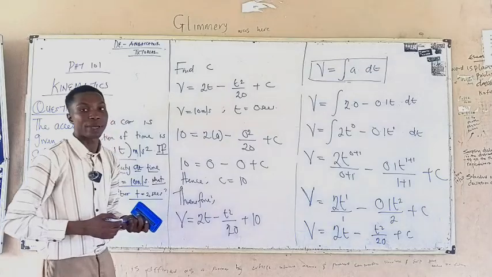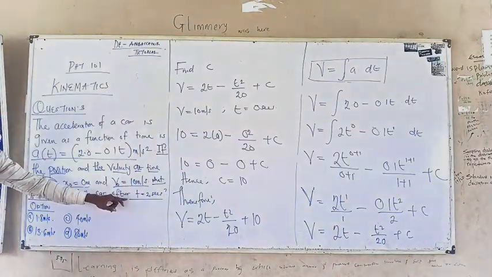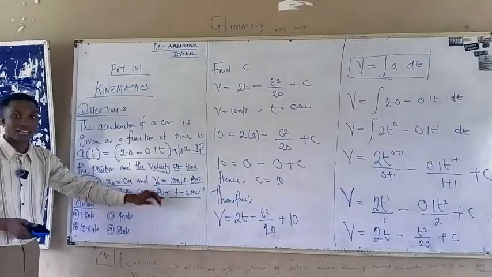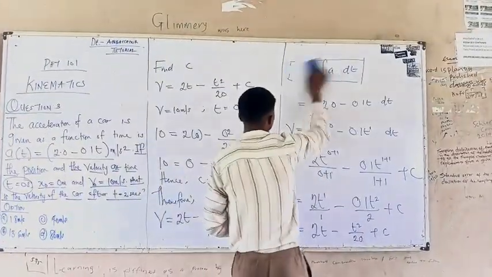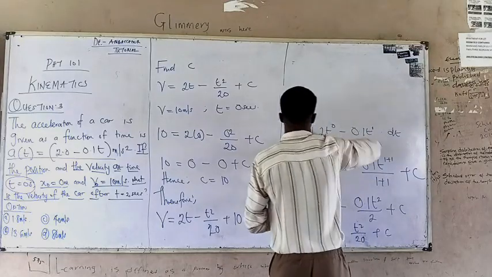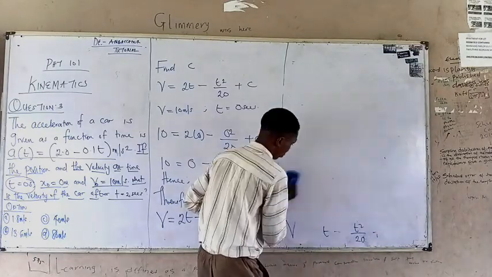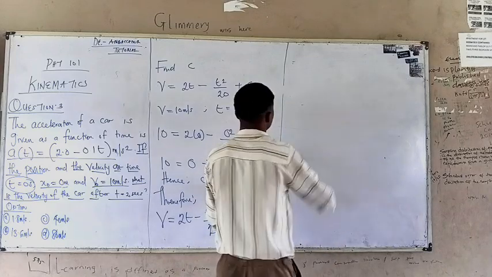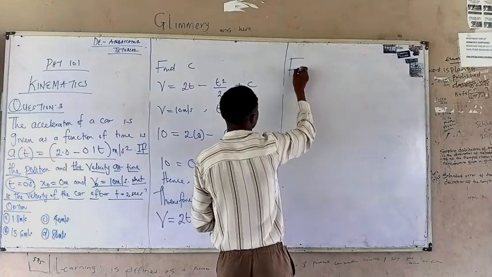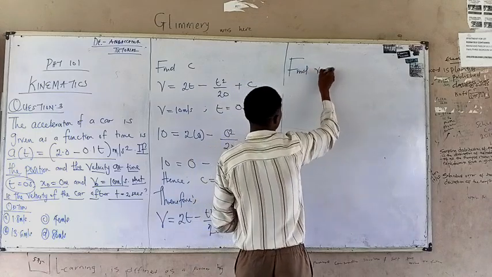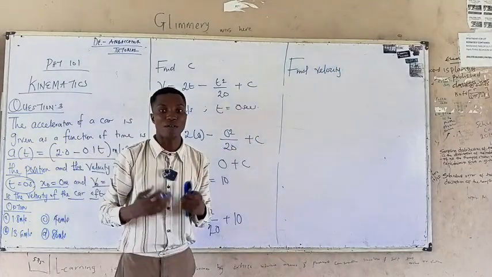With this, you can now get the value of velocity when your t from the question is 2 seconds. Now we need to get the value of our velocity.